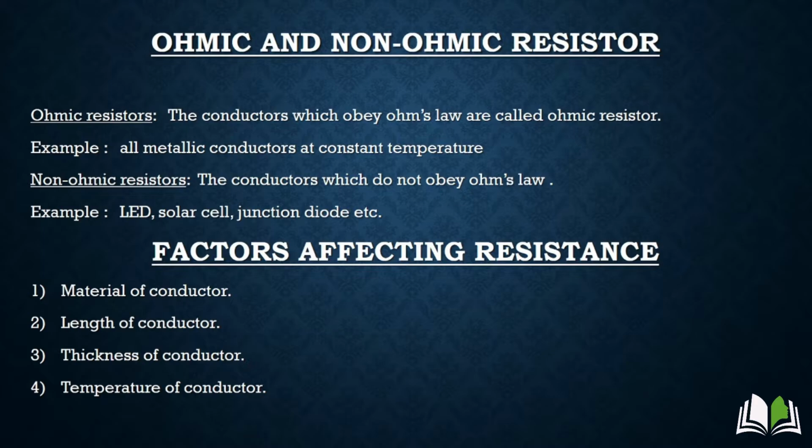Next we are going to talk about the factors affecting the resistance of a conductor. There are four factors. The first one is the material of the conductor, the second is the length of the conductor, the third is the thickness, and the fourth is the temperature of the conductor. We are going to discuss them one by one. The first point is the material of the conductor. The resistance of the conductor depends upon the material.